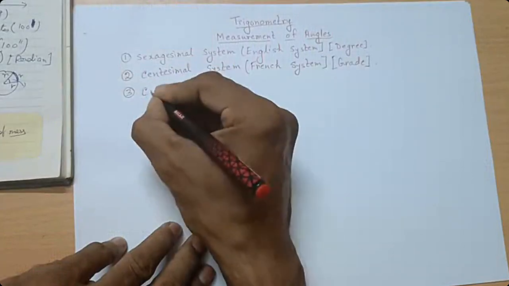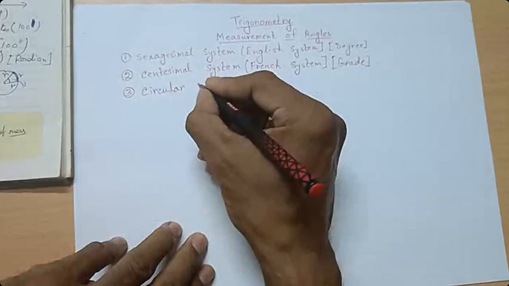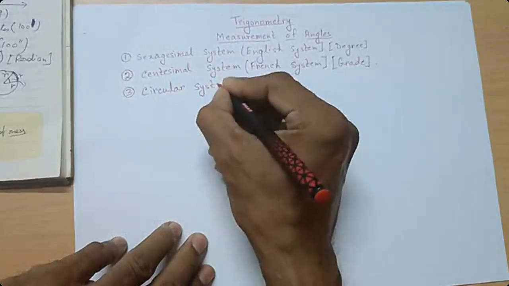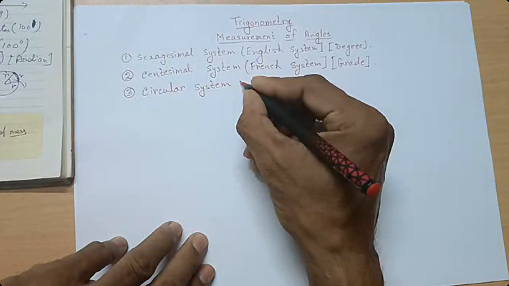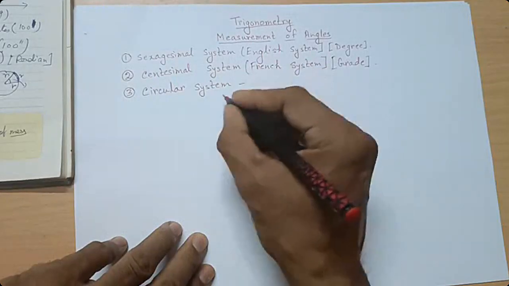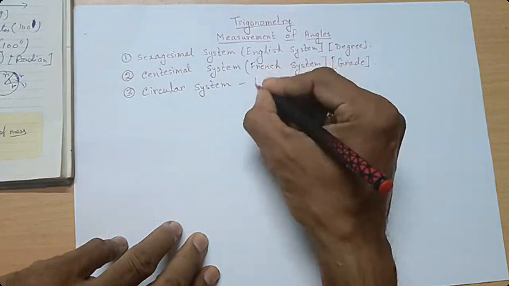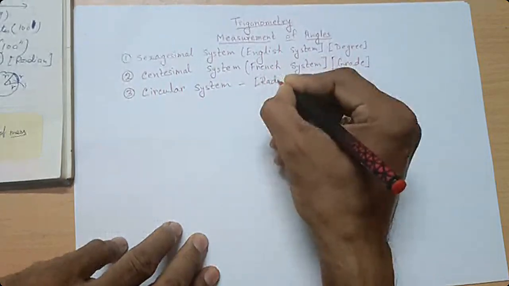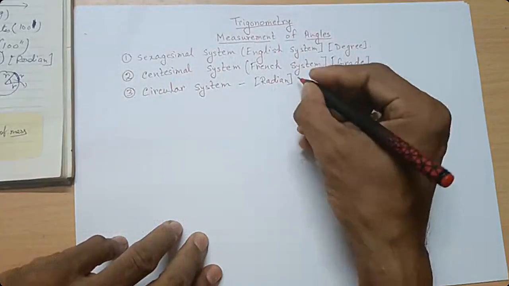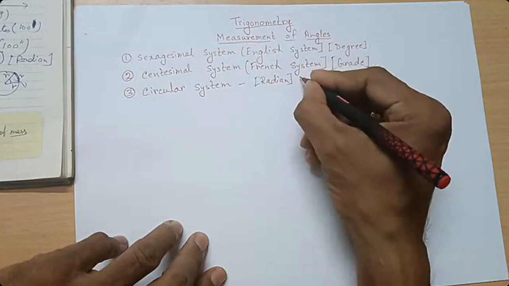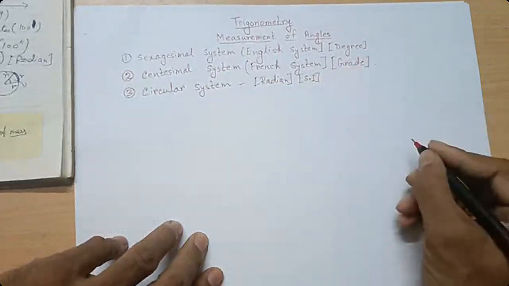And the third one is the circular system. In the circular system, we measure the angle in radians, and this is our SI system. SI means System of International Units.